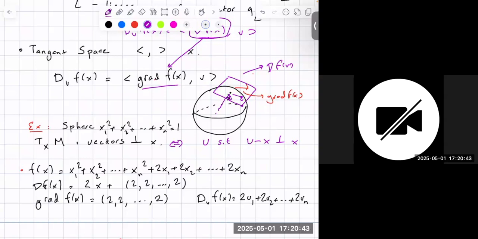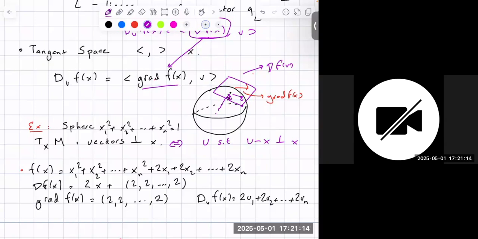Fine. Then this is my function. I just cooked it up. I take the gradient vector in the usual way, partial derivatives. The partial derivative of x1 squared will be 2 times x1, 2 times x2, 2 times xn. And here I'll get 2 for x1, just 2, another 2, another 2. So the gradient comes out as follows: 2 times your vector x, which means x1, x2, xn, this is a vector, plus just 2, 2, 2, 2, 2.